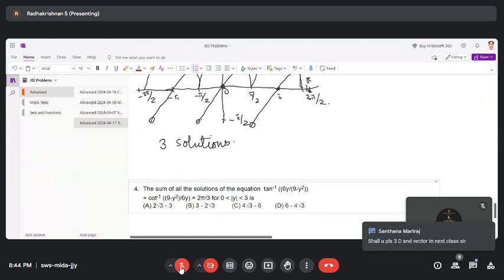Okay, sir. 3D and vector in next class. 3D vector, Shiva and Rahul, they are going to take 3D and vector. We are divided in some way. Probably Sunday class, they may take 3D and vectors. Okay, sir, this Sunday. Sequence and series classes I am taking, and Sunday Shiva or Rahul will be taking. Please attend that.